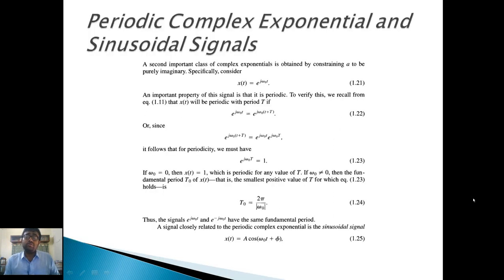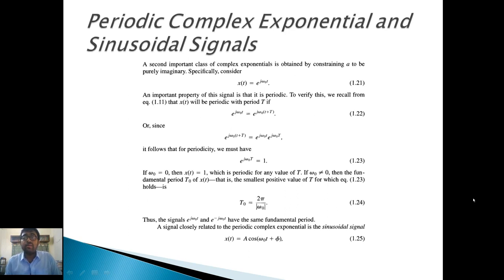Now, as I have described the continuous time exponential signal, I am going to describe the periodic complex exponential signal and how it converts into a sinusoidal signal. Let's start. As it says in this slide, a second important class of complex exponentials is obtained by constraining a to be purely imaginary.